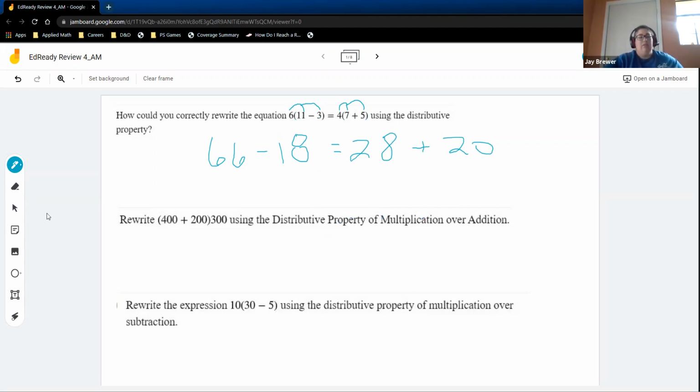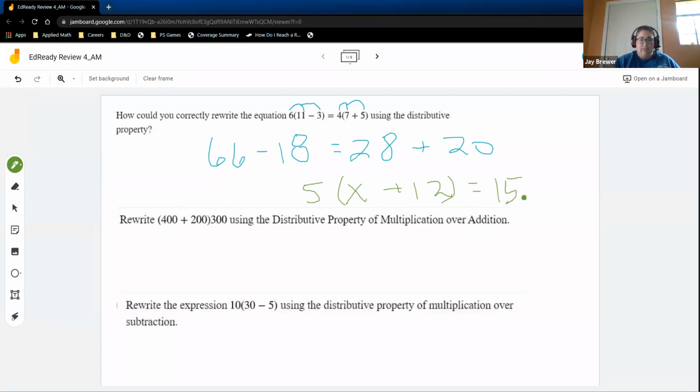What you will see in 105 more than this will be something more algebraic, where it'll be something like, say, 5 times the quantity x plus 12 equals, I don't know, 15. And you would have to use distribution.